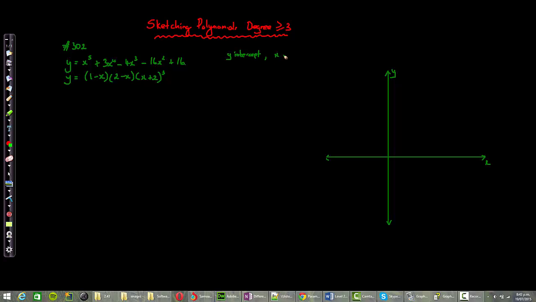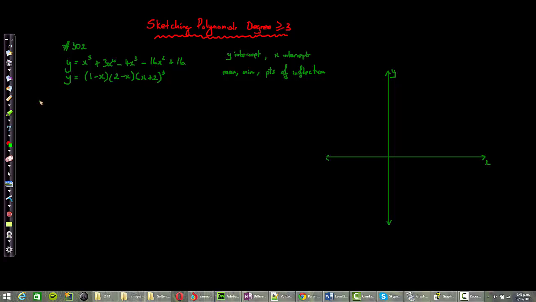The x-intercepts, any maximum points, any minimum points, and any points of inflection. Now for some of this we will use calculus, but for the y-intercept and x-intercept we're just going to use straight algebra to do that.